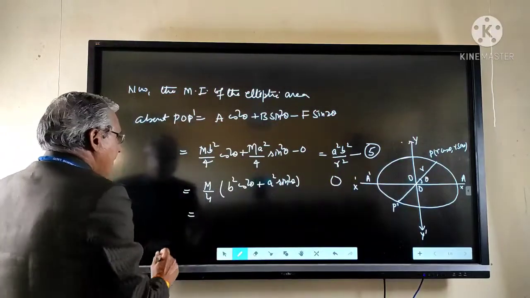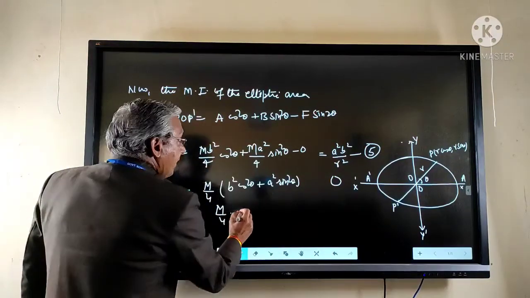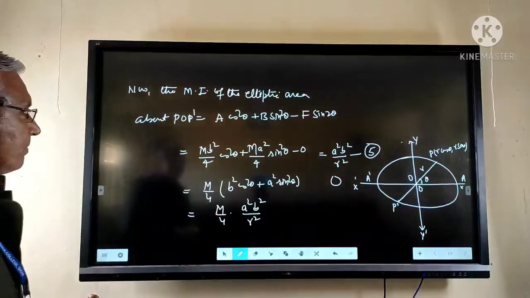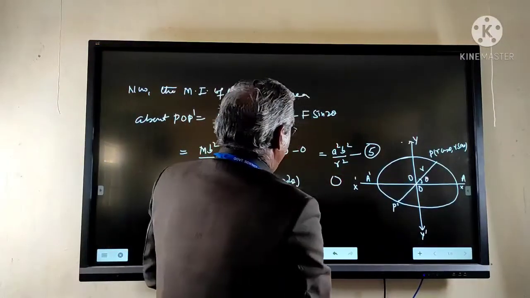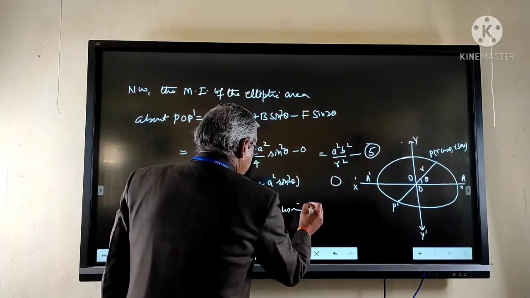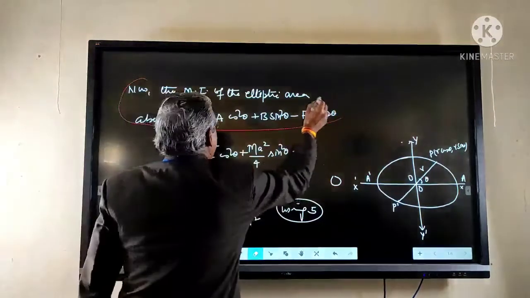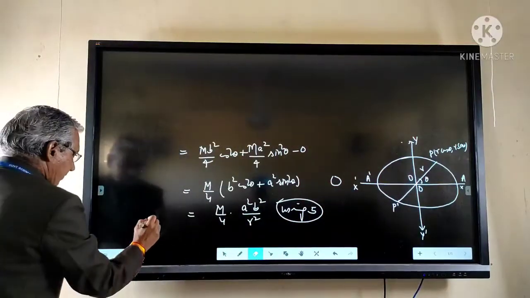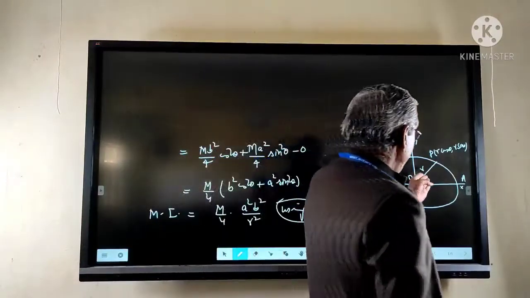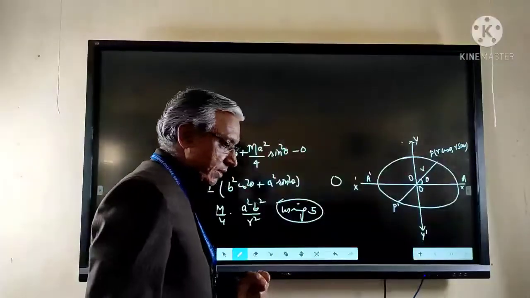We know that b square cos square theta plus a square sin square theta is a square b square upon r square, using equation 5. Therefore m by 4 into a square b square upon r square is the required moment of inertia of the given elliptical area about POP dash.